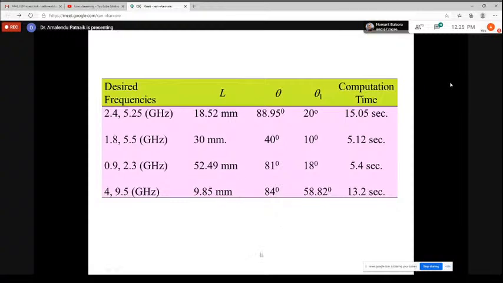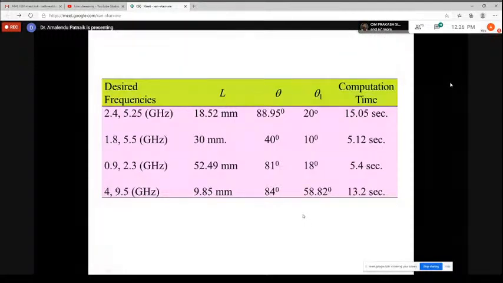For the first antenna, for getting these required resonant frequencies, I got this value of L, this value of theta, and this value of theta 1, right? So you take these values and fabricate your antenna. This is the monopole antenna in this particular case. Similarly, for the second case, third case, and fourth case, we got these values of L, theta, theta 1, and so on.